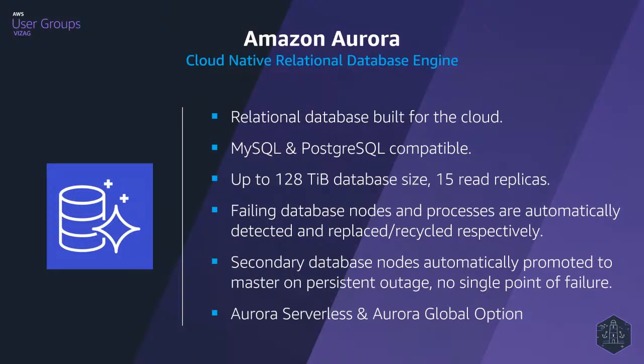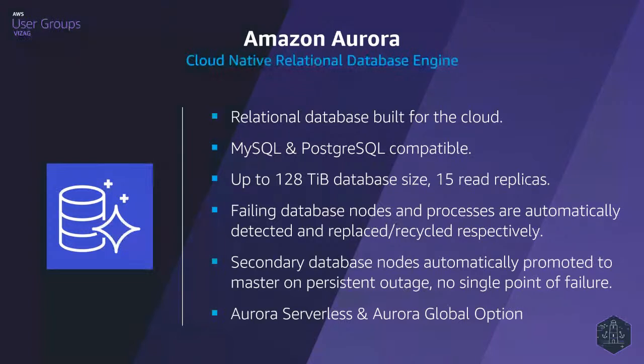It automatically looks after any failing database nodes, and it will automatically bring up a new database in case one of the nodes fails. Also, any processes that are failing within the database on the database application level, it will automatically recycle those processes as well for you. So as a DBA, you really don't need to go in and restart them manually or anything like that. It will do even that for you.